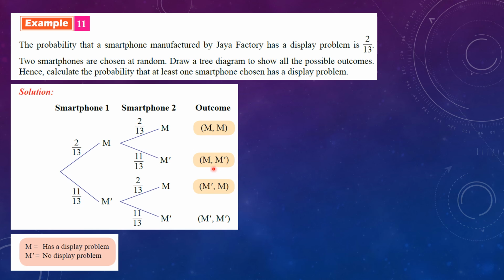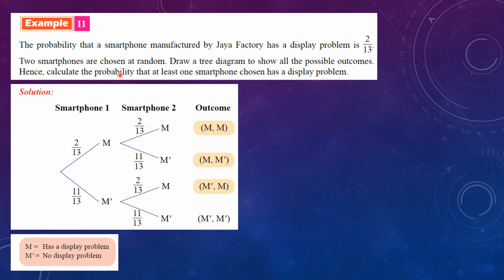M M prime shows that the first smartphone has a display problem and the second smartphone has no display problem. M prime M shows that the first one does not have any problem, but the second smartphone has a display problem. M prime M prime shows that both smartphone 1 and smartphone 2 do not have any display problem. So we have already drawn the tree diagram and shown all the possible outcomes.